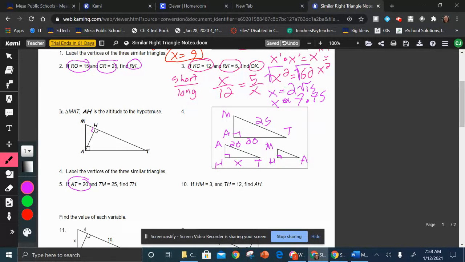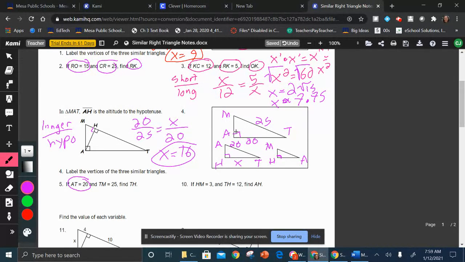So it's going to be 20 over 25. Longer leg over the hypotenuse is equal to longer leg over the hypotenuse. Cross multiply and divide, and we get 16.